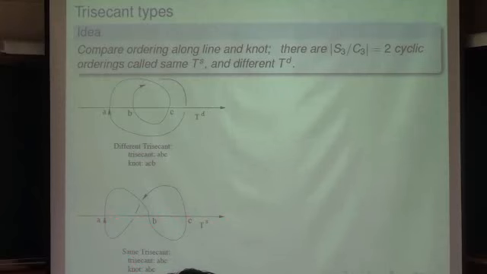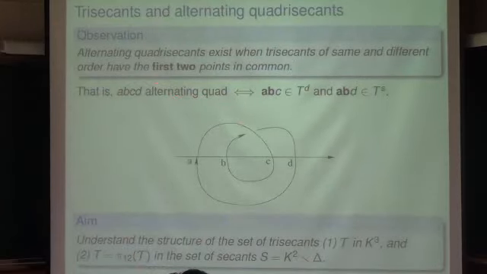And why am I doing this? Because I want to understand alternating quadrisecants in terms of these trisecants. So the idea is that here is my alternating quadrisecant. I can think about this quadrisecant as four intersecting trisecants. I have ABC, ACD, ABD, BCD, right? I have four trisecants overlapping. So I just want to consider two of them, the two that have the first two in common.